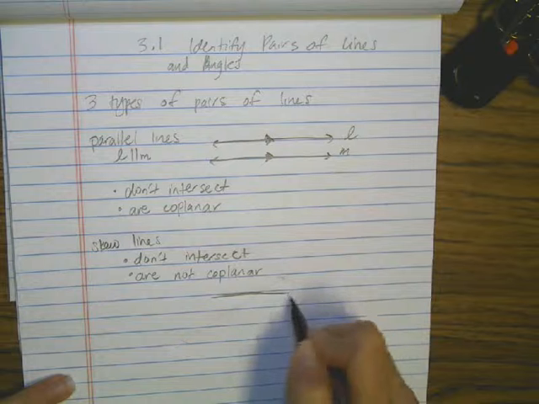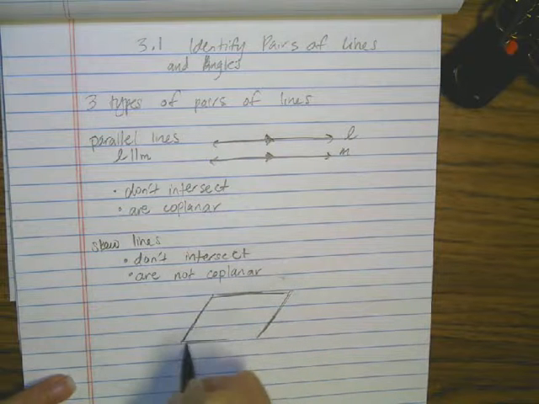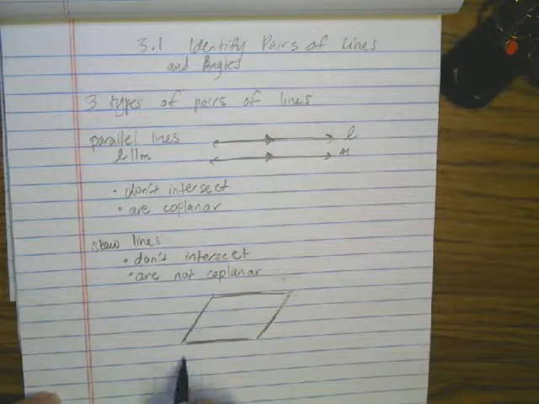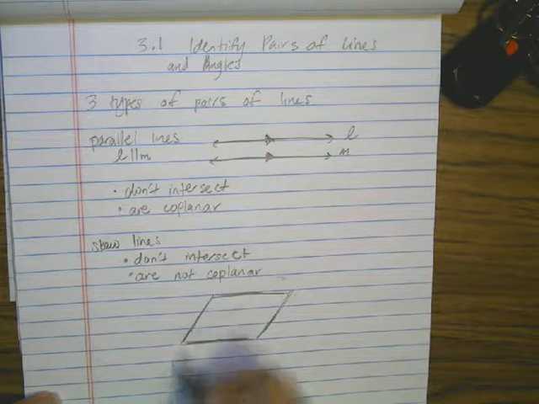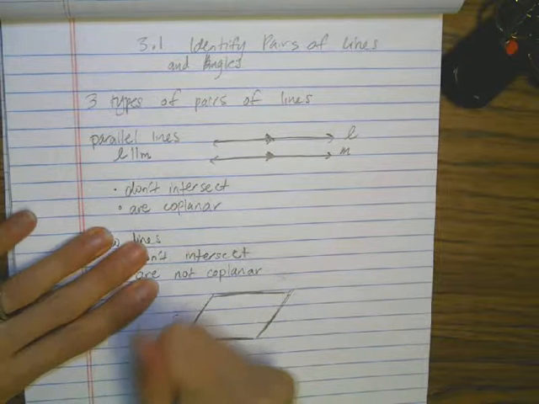So, let's say this is a plane. And there's another one below it. So here's one line.